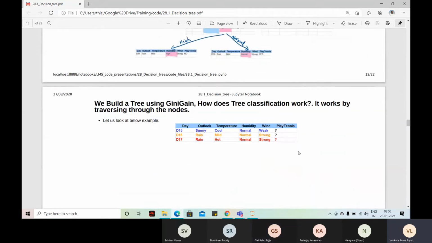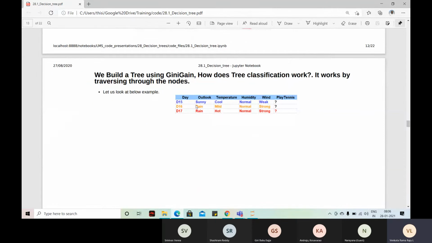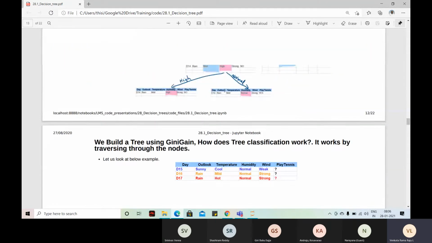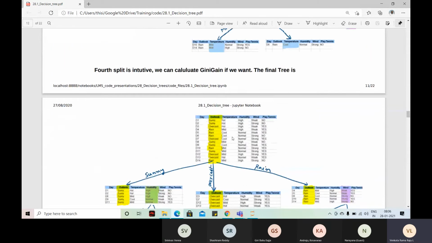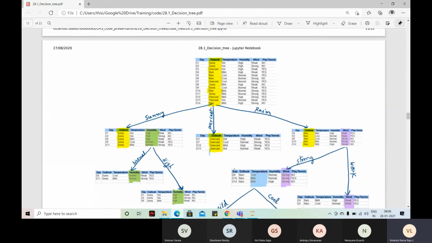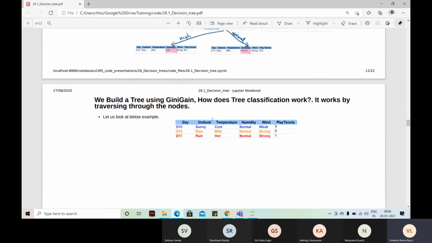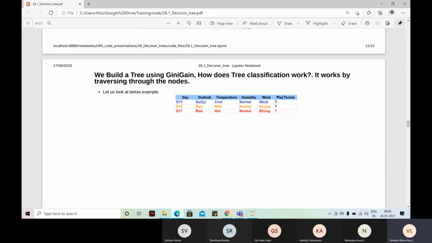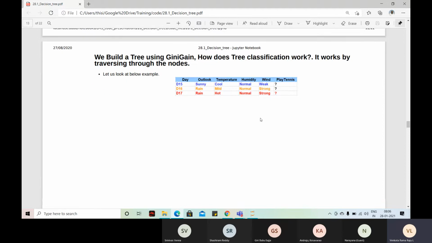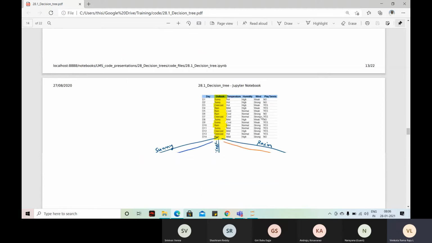So now I have taken three records here. I have taken the original data, the training data, and formed a tree. Now this tree is available to me to make predictions. I have taken three records: outlook sunny, temperature cool, humidity normal, and wind weak. How will I make a decision?